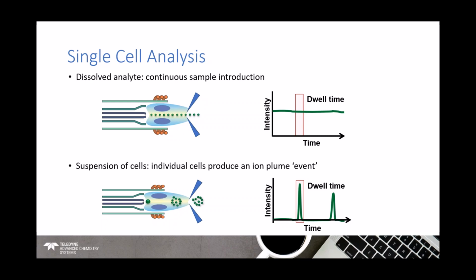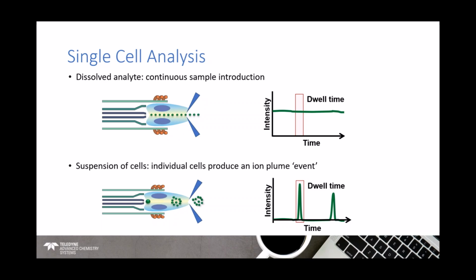The kind of signal that we see from this kind of sample going into ICP-MS is represented in the plot on the top right, where we have a consistent, stable signal coming through from the continuous introduction of the liquid sample. That's represented by the green line there.